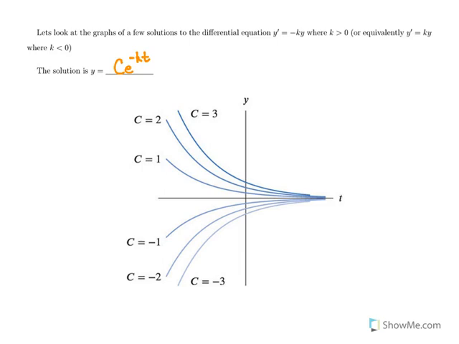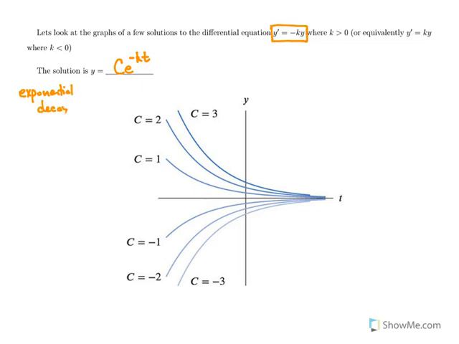Here we have e to the negative kt. So sorry, I should say if this is the differential equation, y prime equals negative ky, where k is a positive constant, we have a negative out there, or that's the same thing as saying your k is negative. You have this solution, and this is going to represent exponential decay.